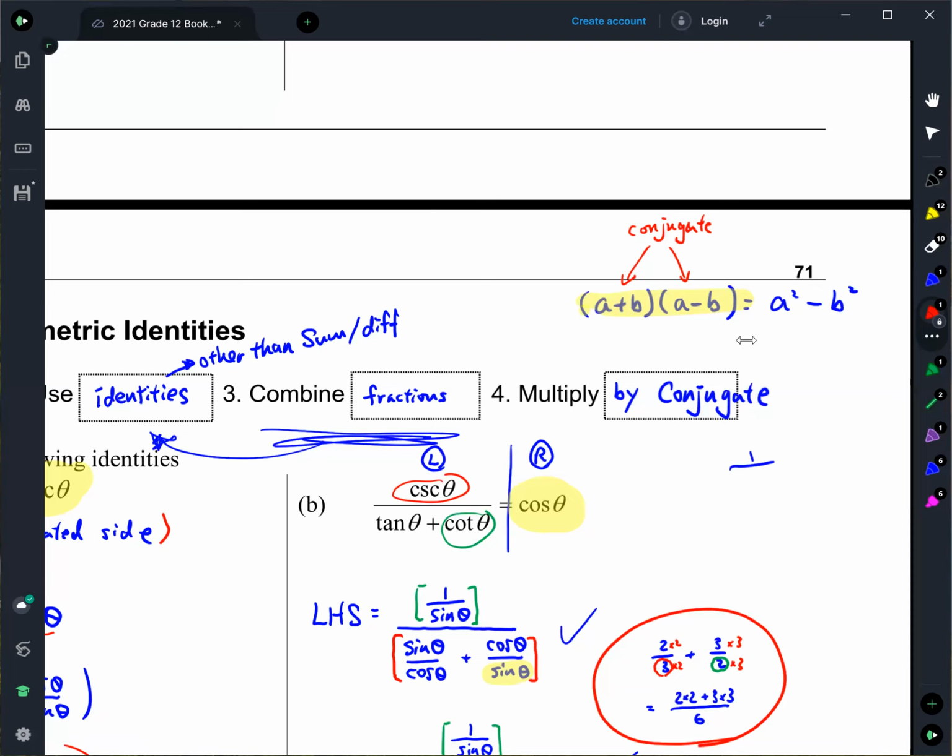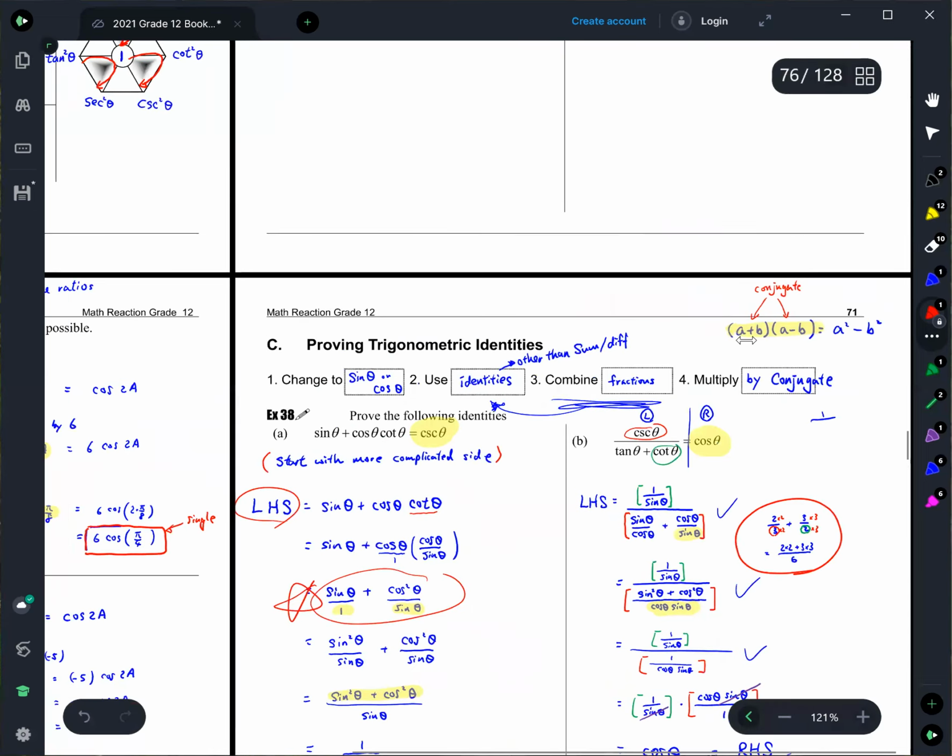Conjugates. So when we multiply the conjugates together, then you can create squares. Difference of square becomes A squared minus B squared. So that's the special part about conjugate.